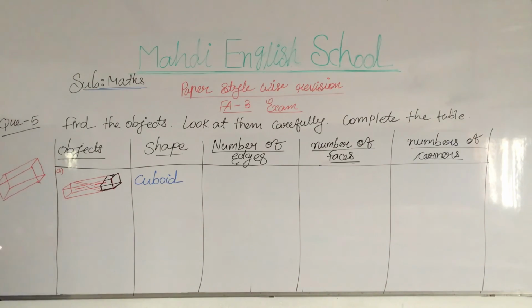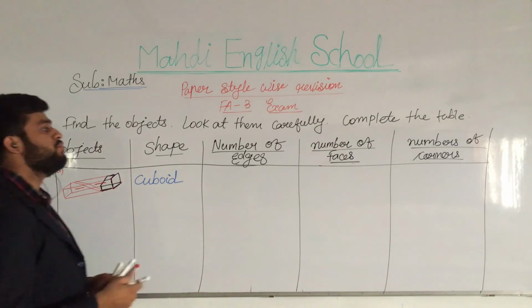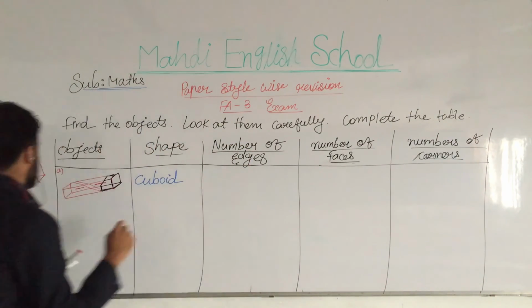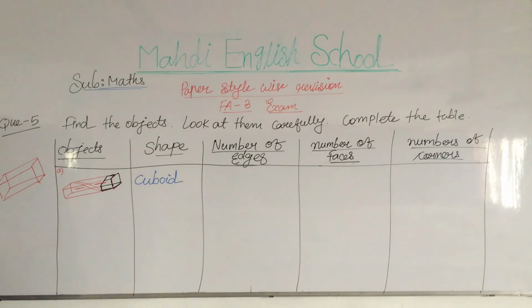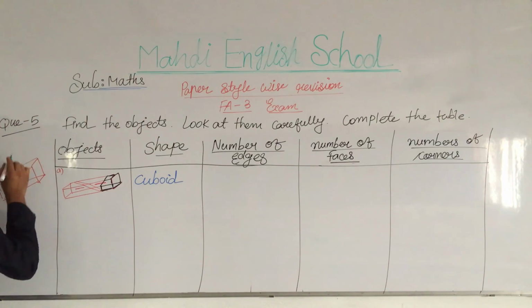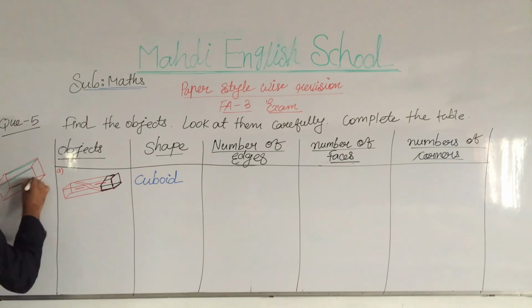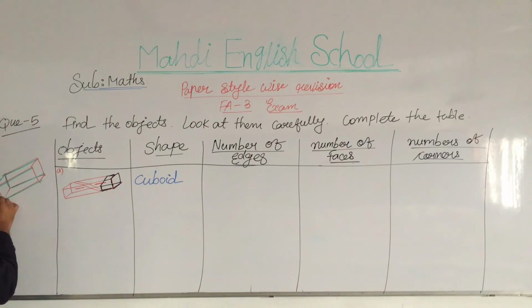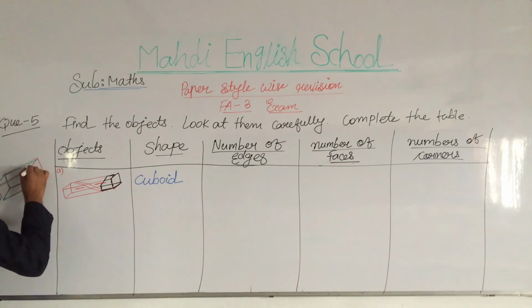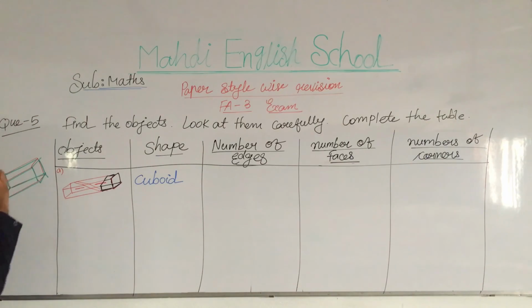This type of face object means we have to find the edge. I highlight with this green marker: 1, 2, 3, 4, 5, 6, 7, 8, 9, 10, 11 or 12.